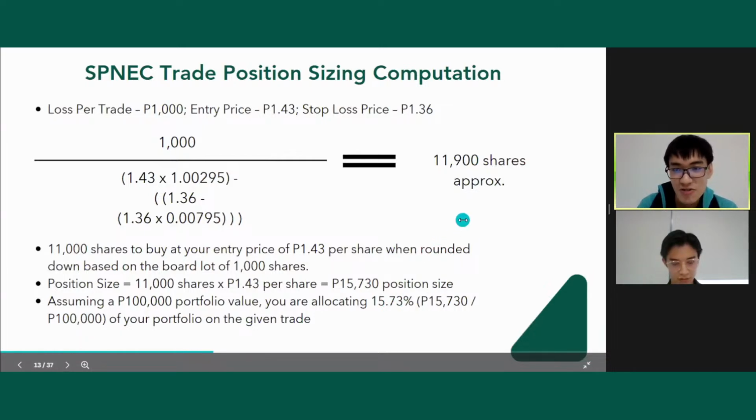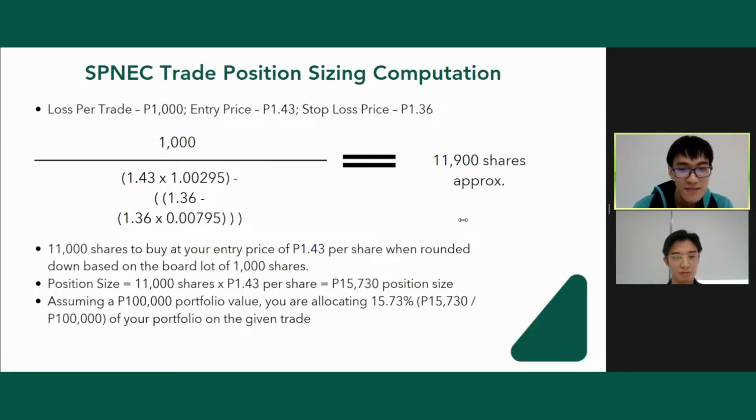15.73%. So let me ask you, Franco, if you're allocating 15.73%, are you gonna be scared of the trade? Parang matatakot ka ba or not? No, I wouldn't be, because I know that I'm only risking 1% of my entire portfolio. Versus all in, you're scared, kasi you don't know how much you're losing, right?